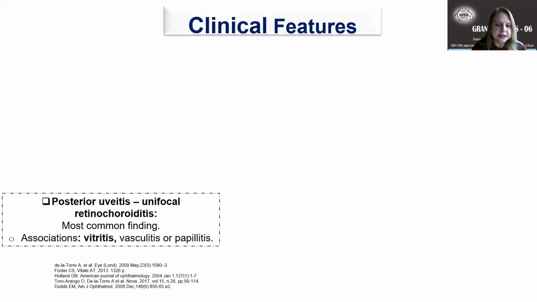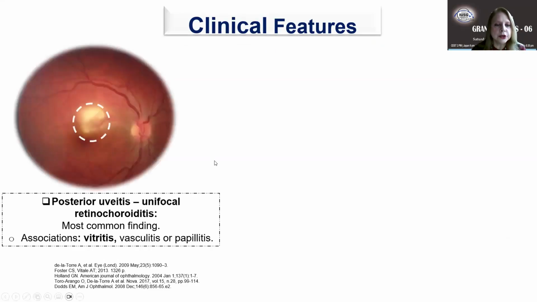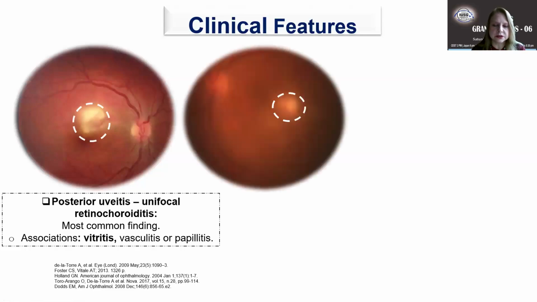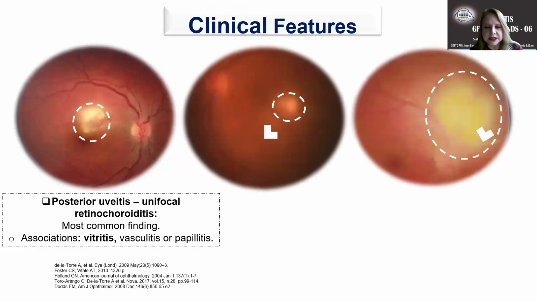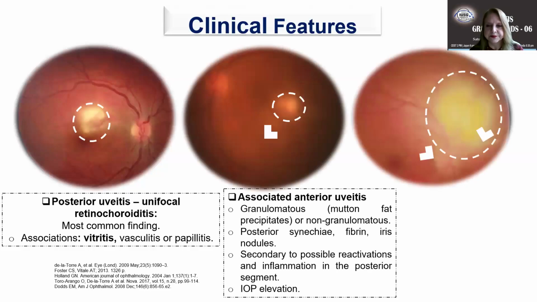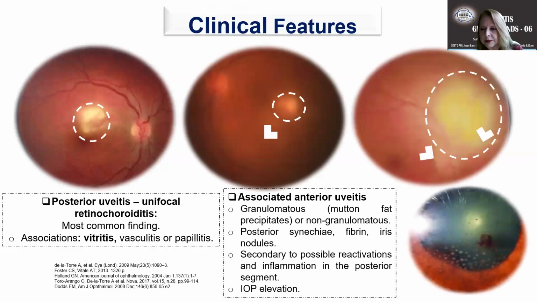Ocular toxoplasmosis is a posterior uveitis, and the most common finding is a unifocal, unilateral retinochoroiditis. The most common association is vitritis. It can also be associated with vasculitis and papillitis, and with anterior uveitis that can present as granulomatous or non-granulomatous uveitis with posterior synechiae, fibrin, and iris nodules.